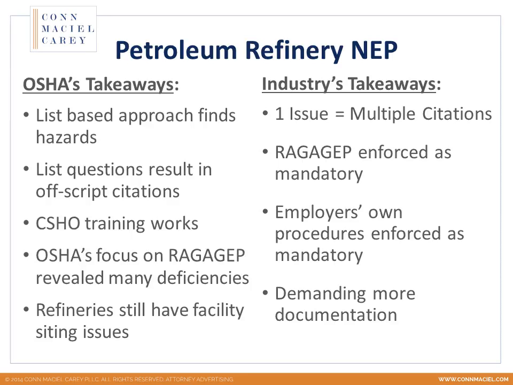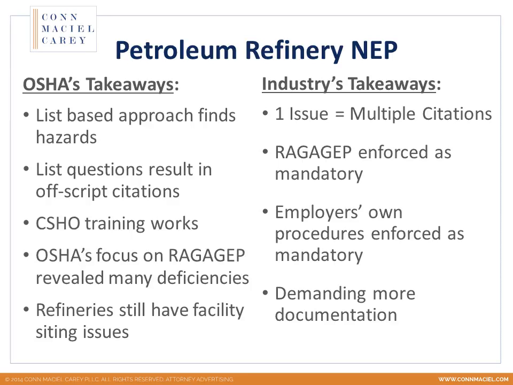Another big takeaway that OSHA talked about, and I guess they expressed a little bit of surprise about, was that refineries still have, in OSHA's estimation, some significant facility siting issues. And they say still have because there were some relatively marquee incidents, very significant incidents that implicated facility siting issues: control rooms, break rooms, and other areas where employees might congregate that were in the blast zone, in areas that could be significantly impacted by a PSM incident.